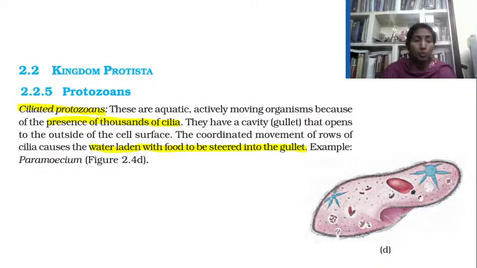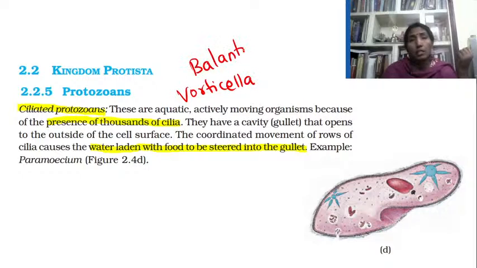Ciliated protozoan, what do you call ciliated protozoan? Structures like paramecium and all: paramecium, vorticella. இது எக்ஸாம்ல கேட்பாங்க. Vorticella, balantidium, all these are ciliated protozoan.